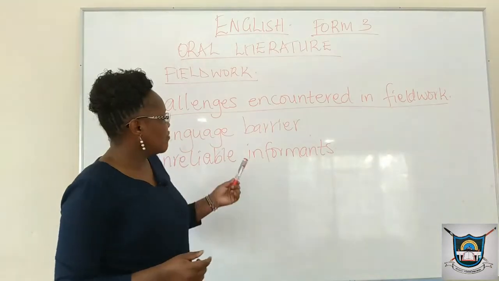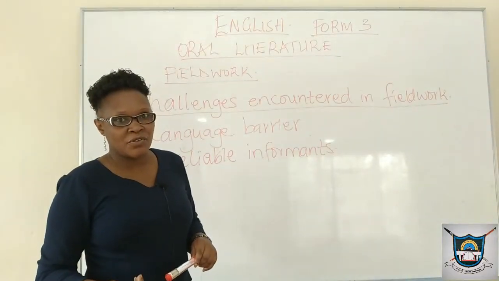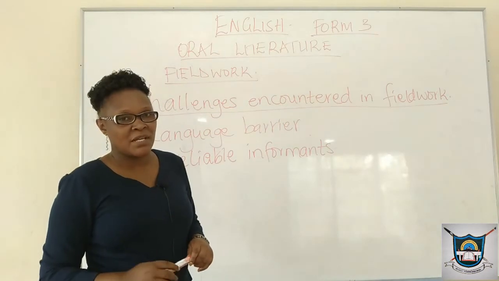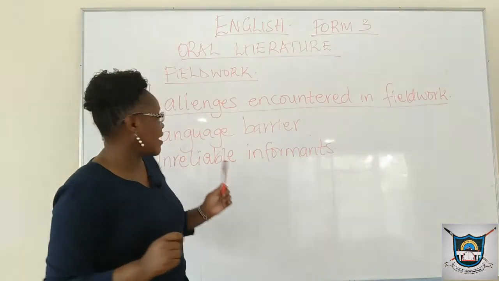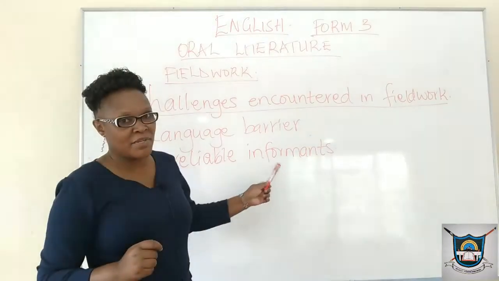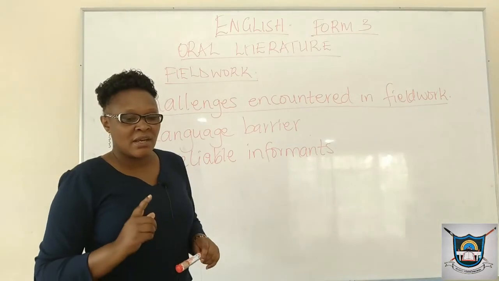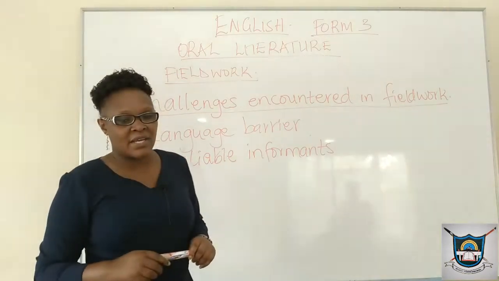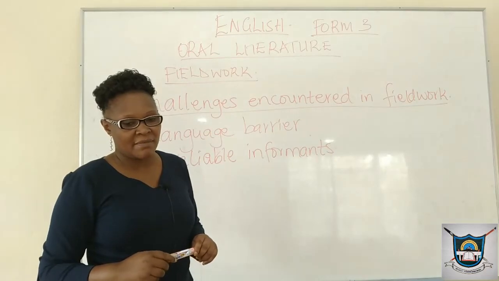And how can you overcome this challenge as a researcher? You can use a lot of questions and probes so that you make sure that at the end of the day, you get reliable information. So that is challenge number 2 and how you can overcome it.